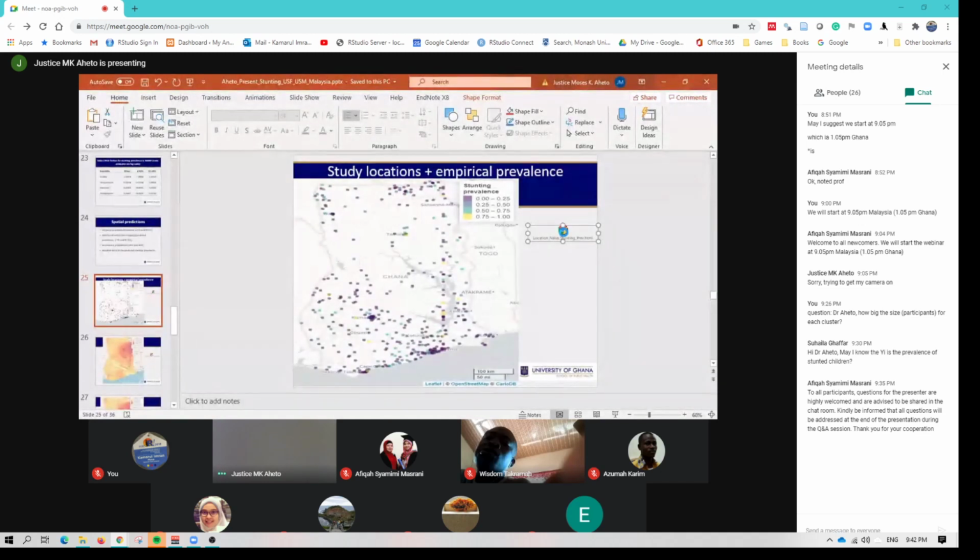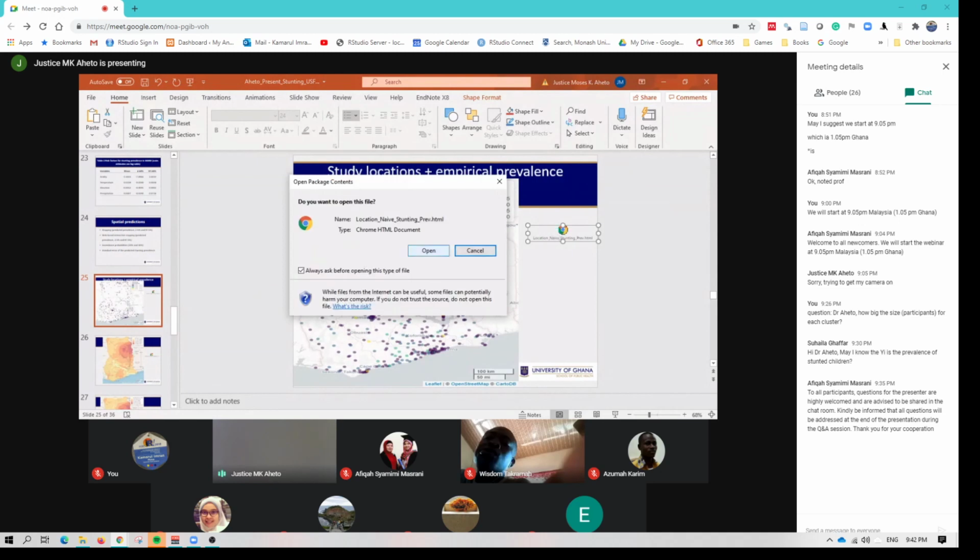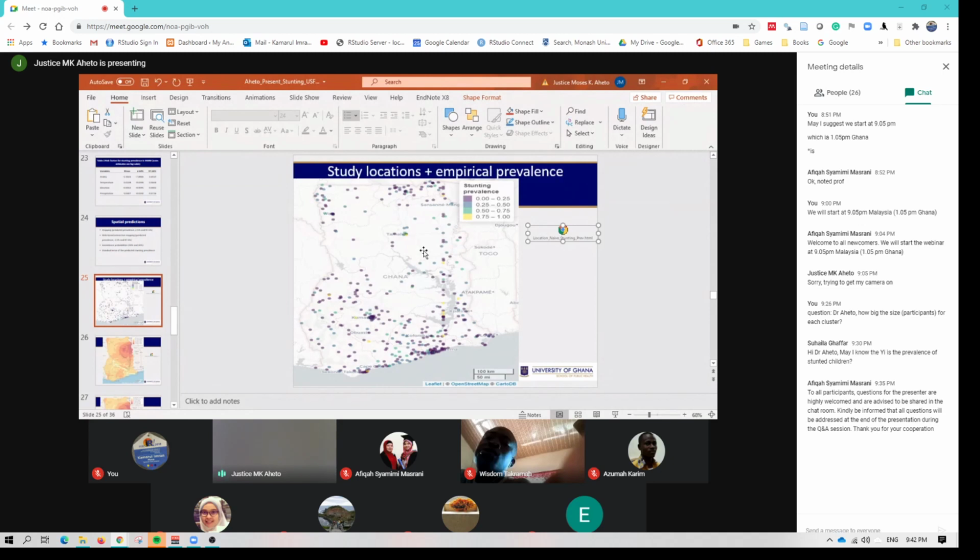If I say yes, it will take me to the web where I can interactively play with this naive or empirical prevalence of stunting. As you can see, it's loading. So I'll just click on open, and then it should take me to the web quickly.